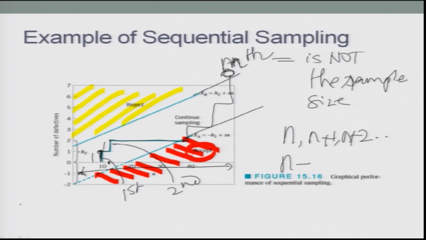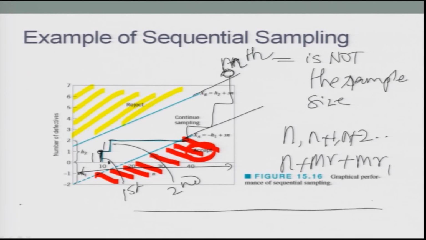Another can be n plus, say for example, m. This m and this m are not equal. m is the number of observations you want to take, and how many such sets you want to take, that is by r. So it will be m r plus, then the next round becomes m r 1. So r 1, r 2, r are different. So it is like this.